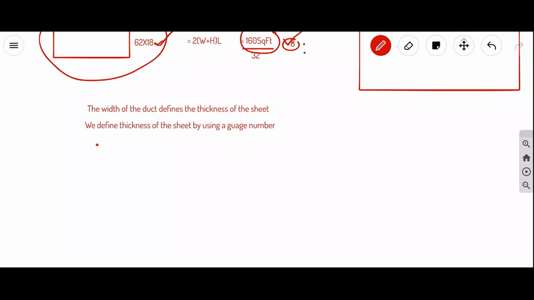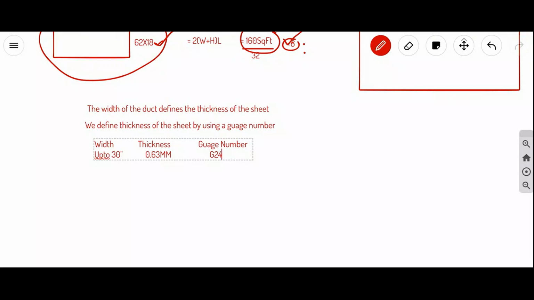So now width, thickness, gauge number. If the width is up to 30 inches, we take 0.63 mm thickness, which is gauge 24. Gauge 24 indicates 0.63 mm.